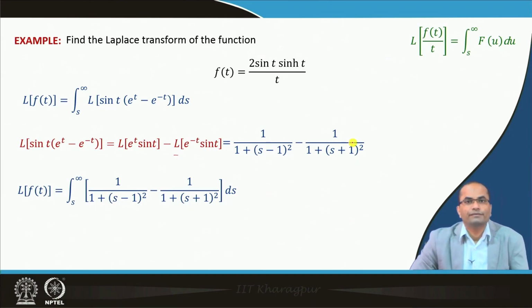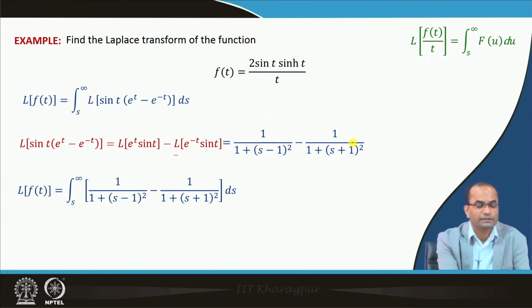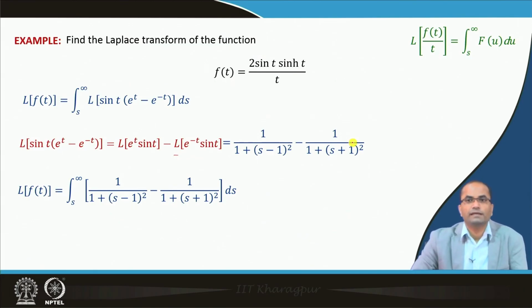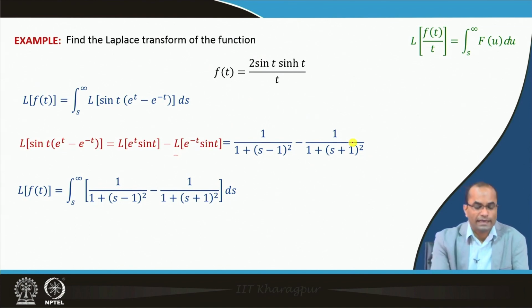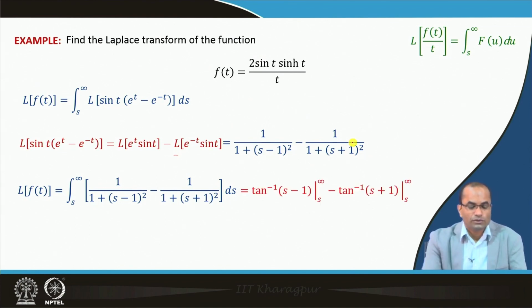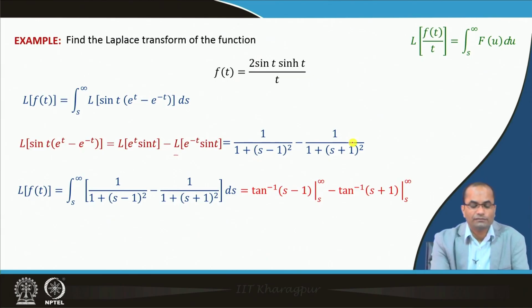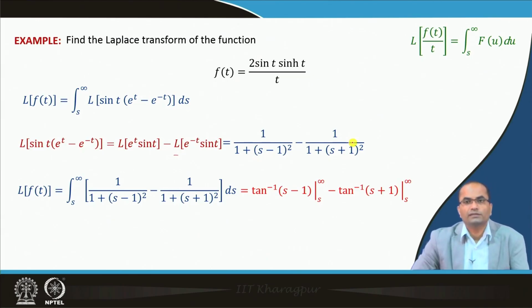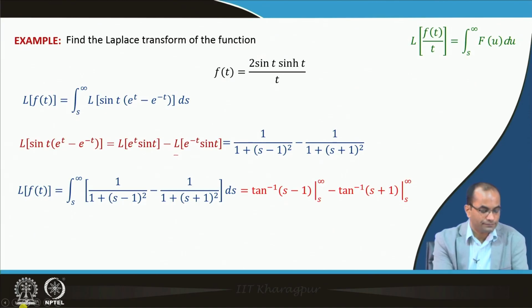So, the Laplace of f(t)/t will be the integral from s to infinity of the Laplace of sin t (e^t minus e^(-t)), integrated over s, which is given here now. By direct integration we have tan inverse (s minus 1) with the limit s to infinity, minus tan inverse (s plus 1), the limits again s to infinity.